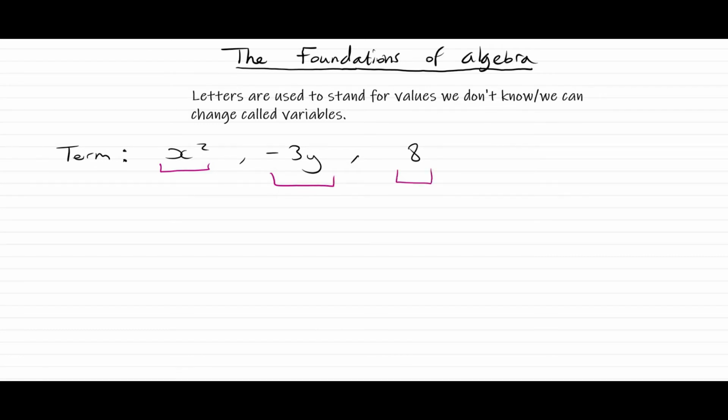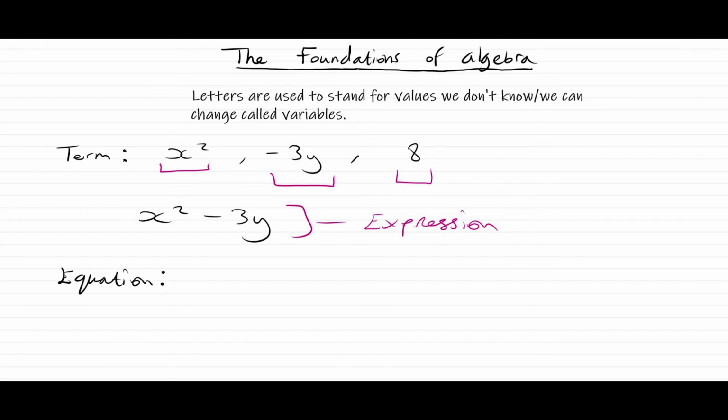When you combine terms together, you get something called expressions. So for argument's sake, if I have x squared and I want to combine that with minus 3y, this here is an expression, okay? Now, something you've probably seen in your questions is something called an equation, right?